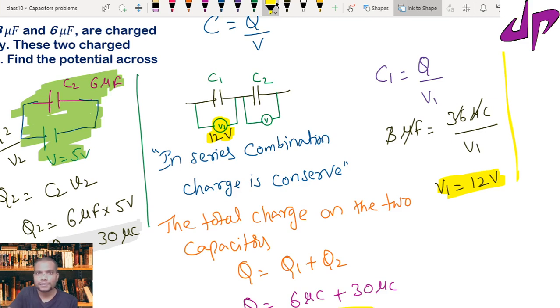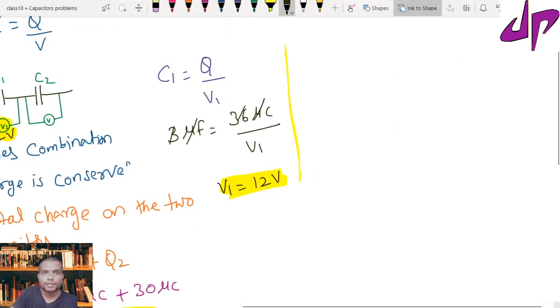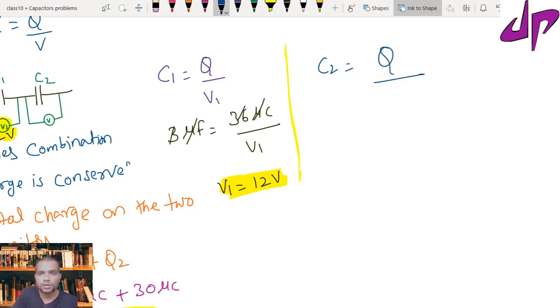Likewise we will find the potential for C2. The capacitance value C2 equal to Q, the total charge, upon the potential difference across that capacitor after connecting. Therefore C2 is 6 microfarad, which equals the total charge 36 microcoulomb upon potential V2.